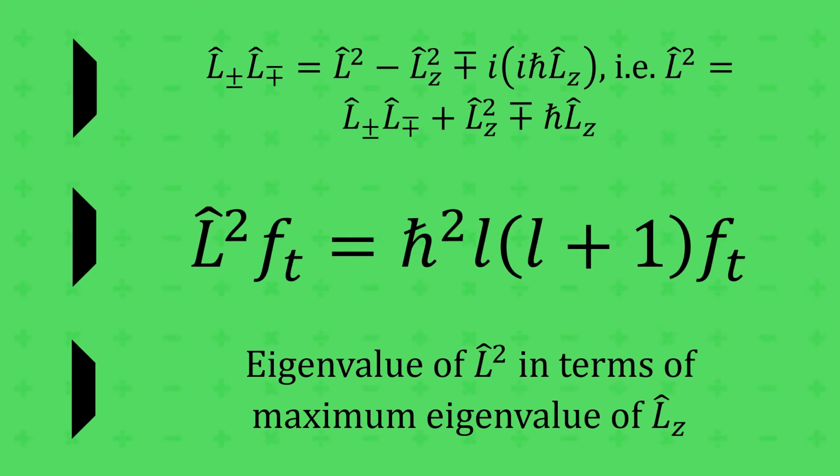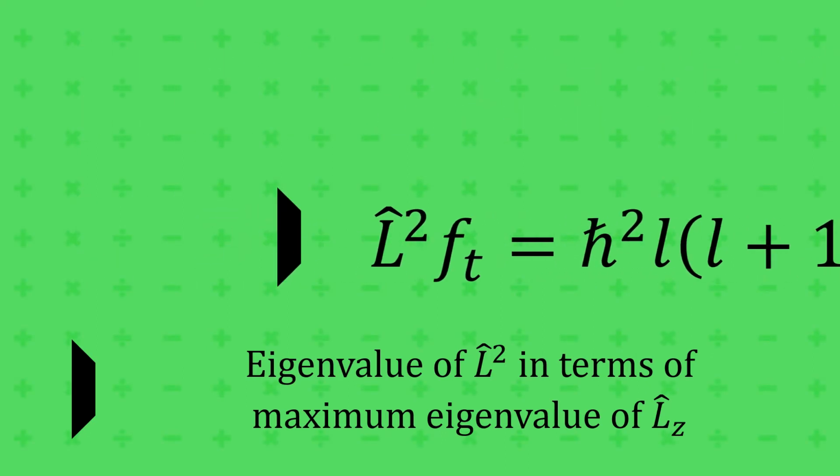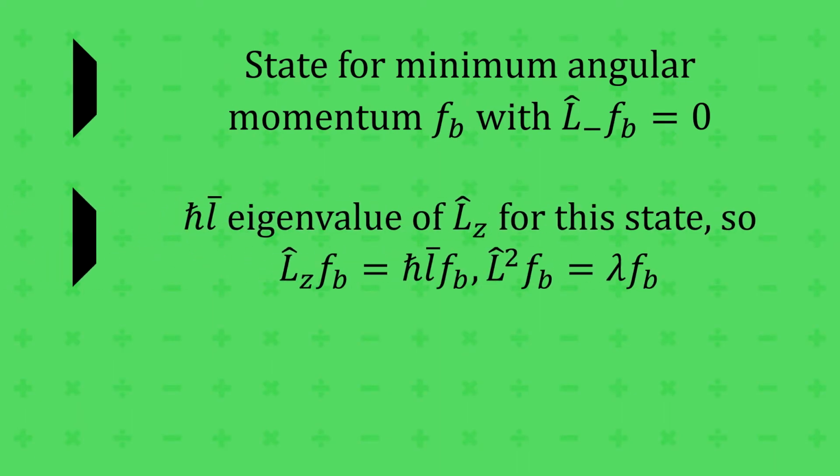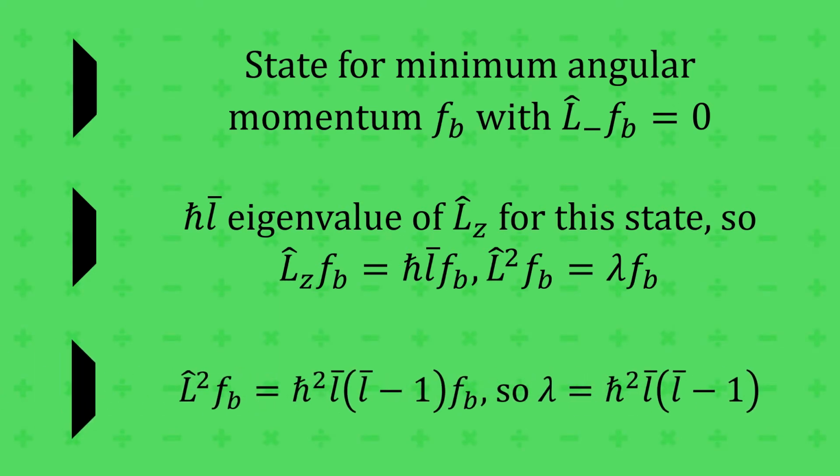We can find lambda is equal to this expression here, i.e. L hat squared is equal to this expression here. Thus we get this equation here. This gives the eigenvalue of L hat squared in terms of the maximum eigenvalue of L hat z.